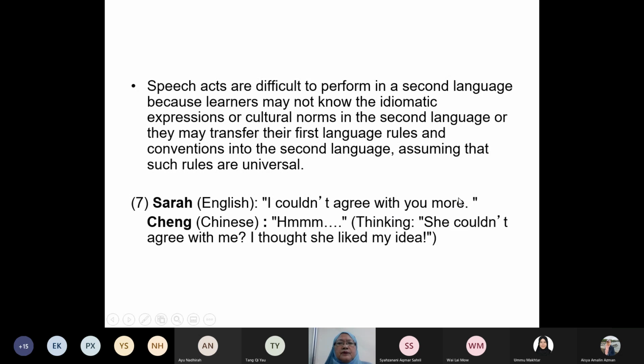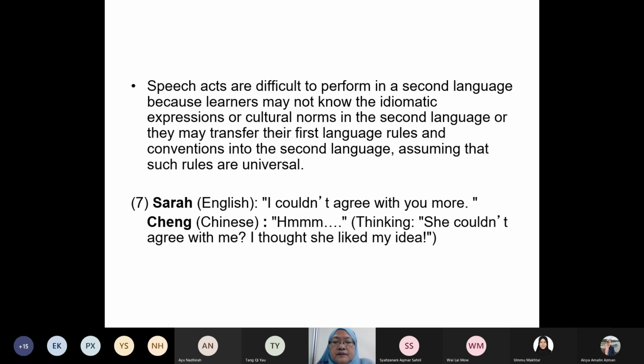Speech acts are difficult to perform in a second language context because learners may not know the idiomatic expressions or cultural norms in the second language, or they might transfer their first language rules, expressions and cultural norms into the second. There is some difference. For example, Sarah is an English person.